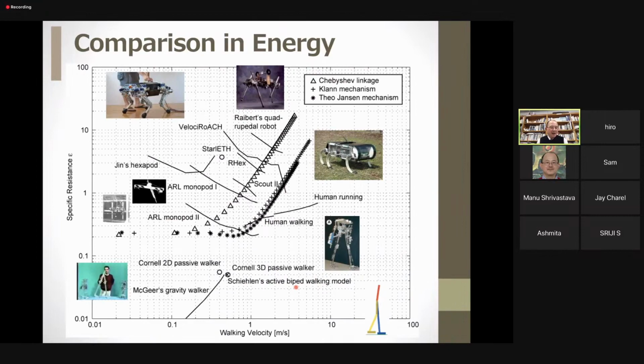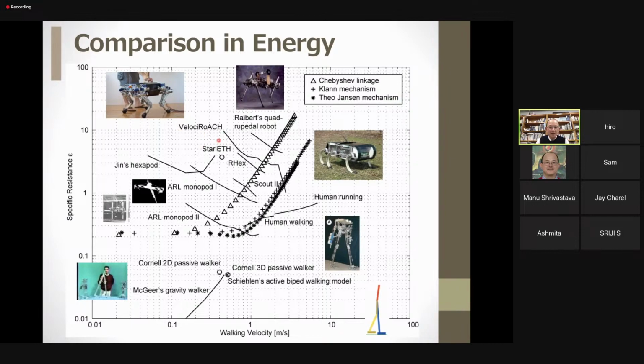We analyze the comparison with other types of robots. So many robots are already proposed in the United States or some other countries. So many types of robots are provided. Oh, my robot is the best. No, my robot is the best. They do not compare the machines, they just insist, okay, this is the best robot. But we are analyzing such a specific resistance against the working velocity.